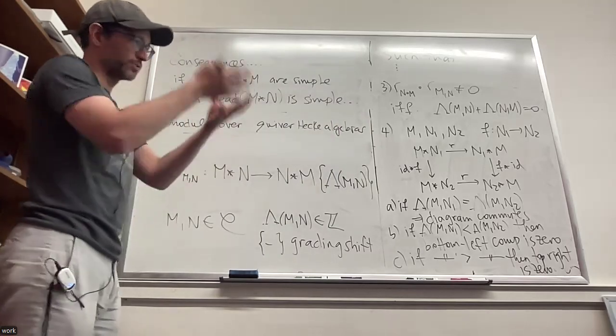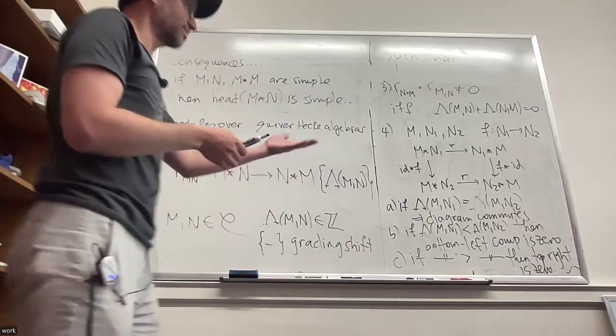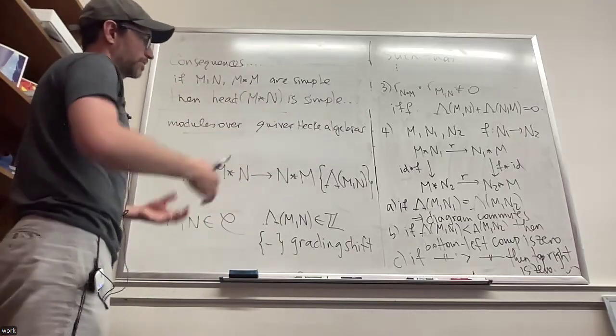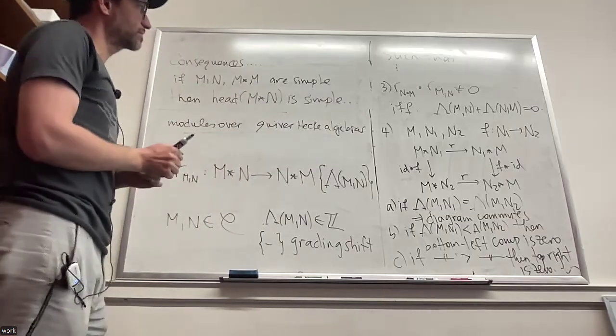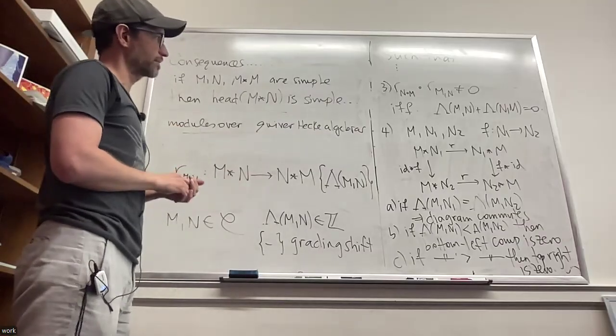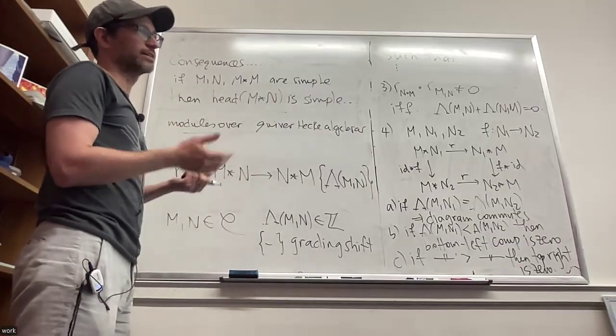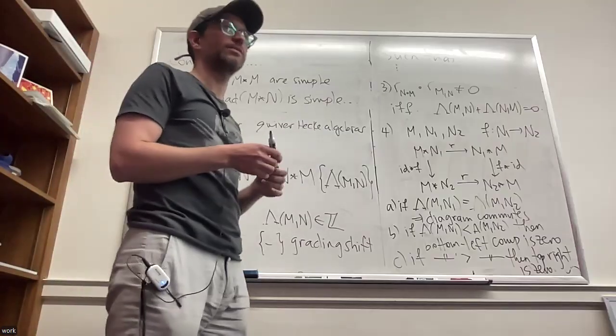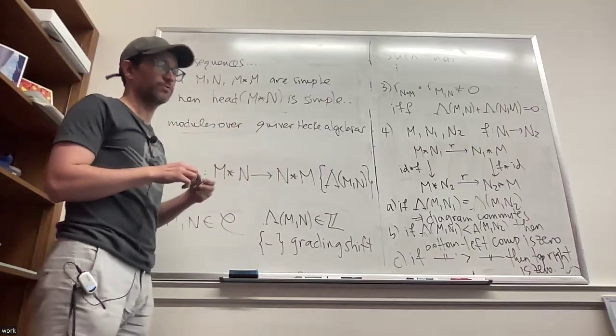They have a natural convolution product, in some sense completely parallel to what happens with Hall products. And so this category of modules of quiver Hecke algebras is a monoidal category.